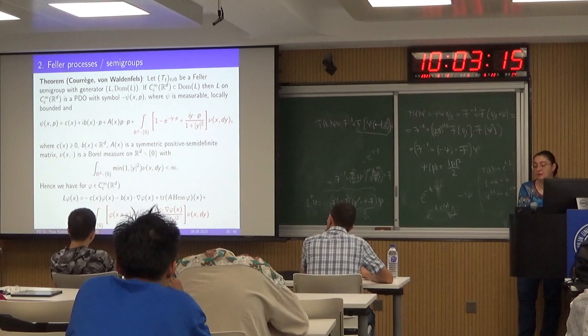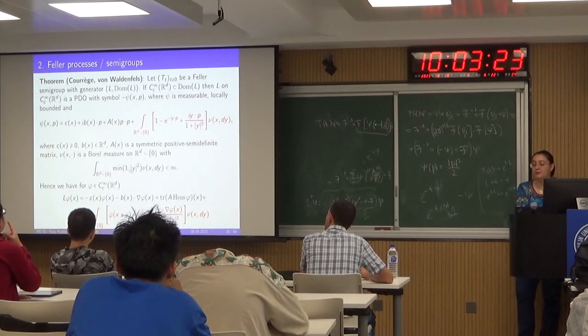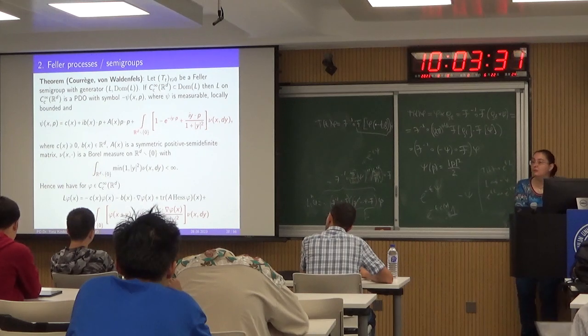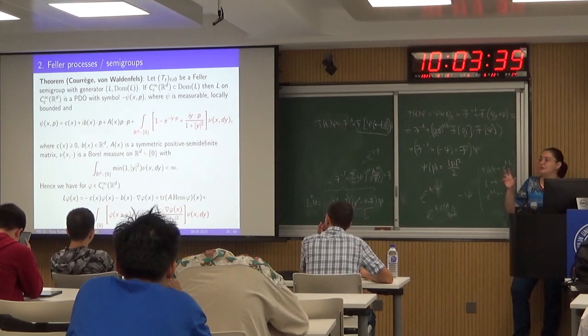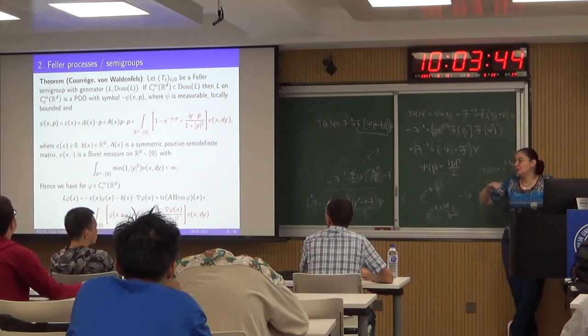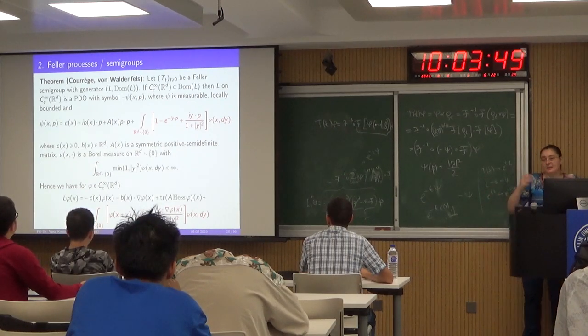Then this will kill the zero order term, and then there will be the first order term and the second order term. The second order term will be fine with respect to the measure, and the first order term does not need to be fine. And this is a kind of compensation for the first order term in order to obtain something integrable. This is roughly speaking the idea why the formula looks so terrible. There are different forms of this formula, where one chooses different compensations. But it does not matter that much.